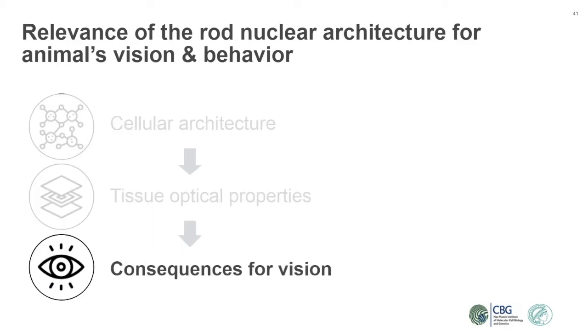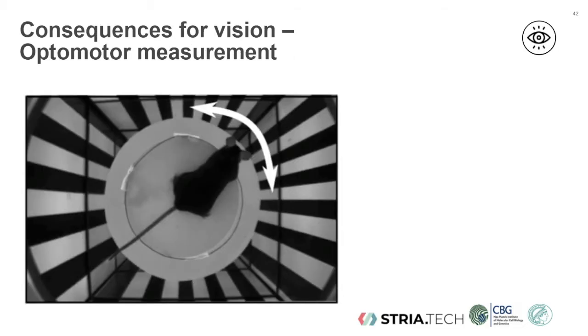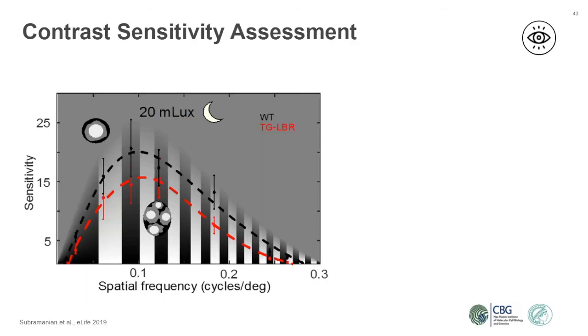So next we asked, what are the visual consequences for the animal of these improvements in optical properties of the retina? For this, we measured the contrast sensitivity of normal adult mice and LBR adult mice with the help of the Optomotor Reflex using Striatech's OptoDrum.